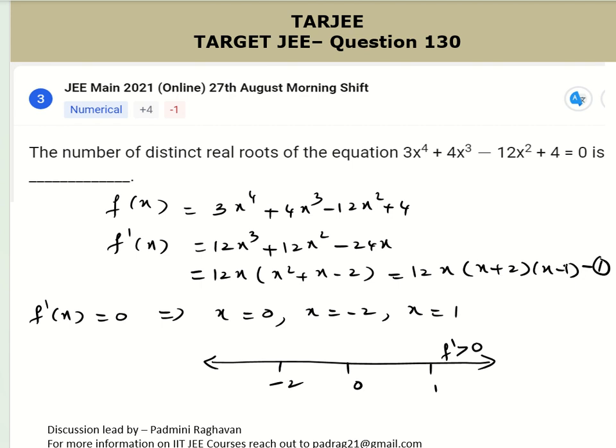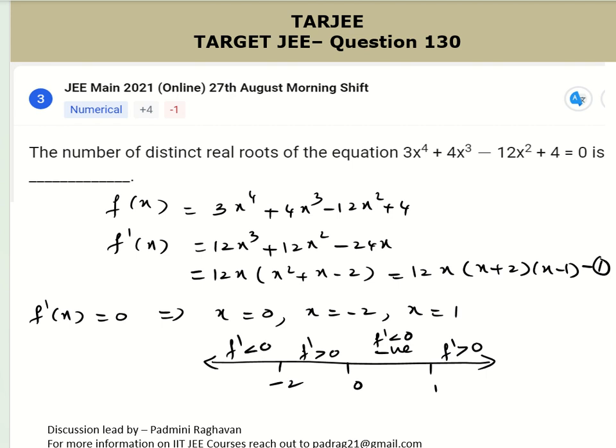So the product will be negative. Between −2 and 0, you can substitute −1: negative, positive, negative. So the product f' is going to be positive. To the left, from minus infinity to −2, you can put −3: negative, negative, negative. So the product is negative.